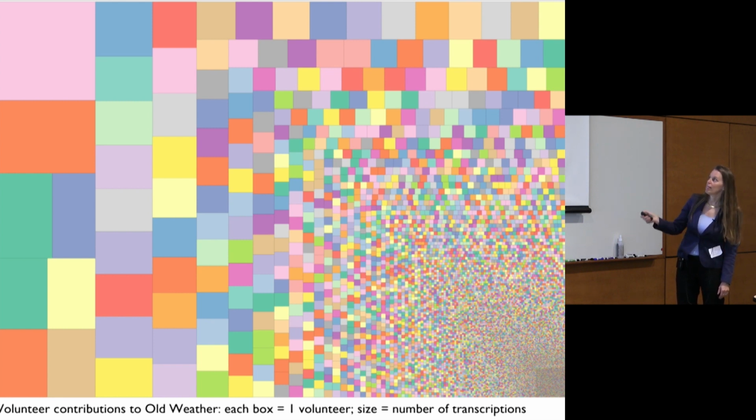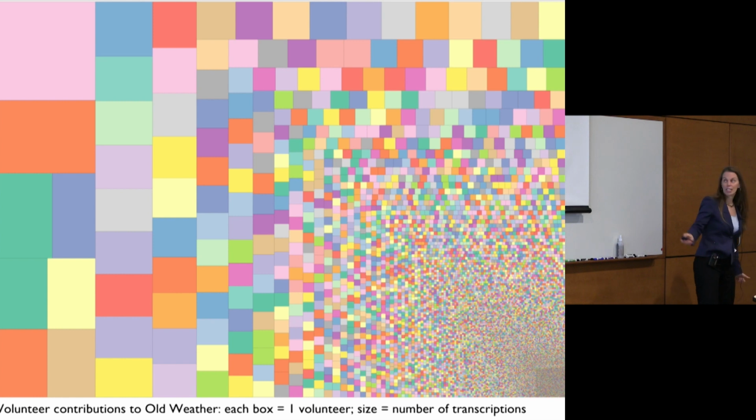So then by definition, the total area of the page is the total number of clicks. Right? So if you just split it in half, you can see that roughly half of the clicks are coming from power users, and the other half are coming from people who log into the site and do maybe 3 or 4 transcriptions and disappear.